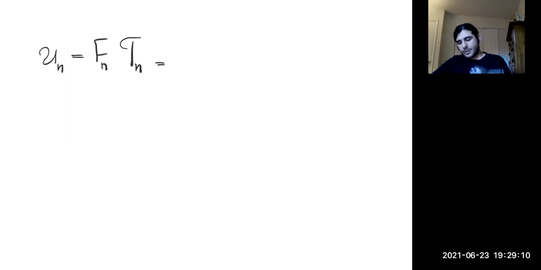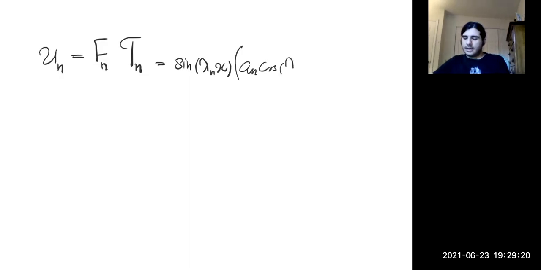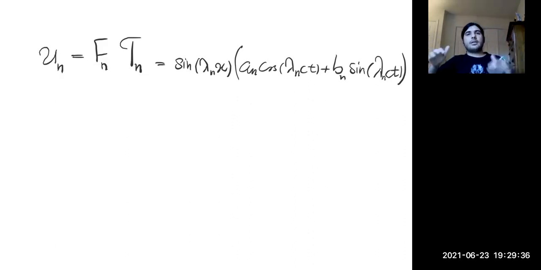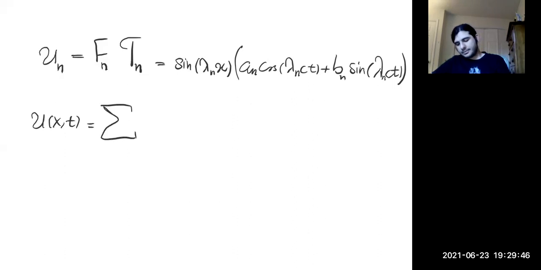So this is equal to, well, fn was equal to sine of lambda n x, tn was equal to an cosine of lambda n ct plus bn sine of lambda n ct. So this is one solution for the wave equation. In general, the general solution would be a linear combination of these things.